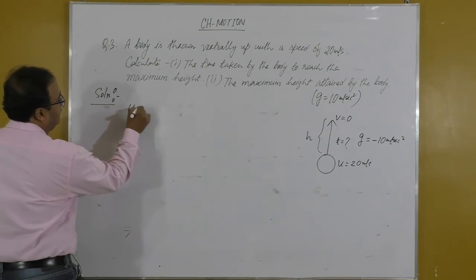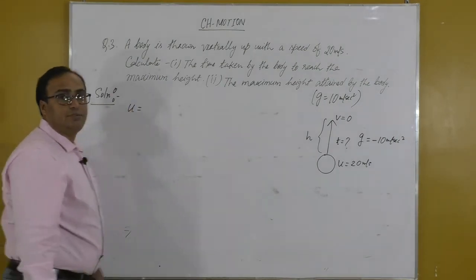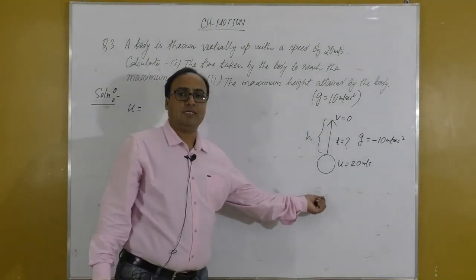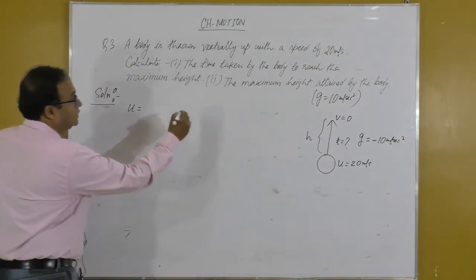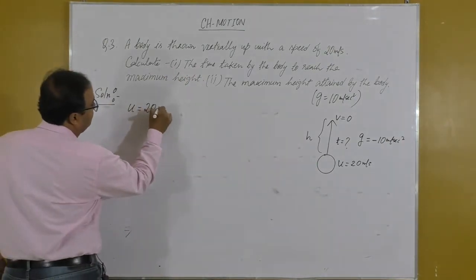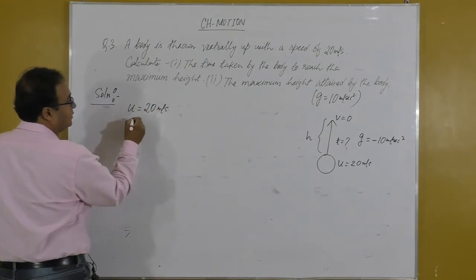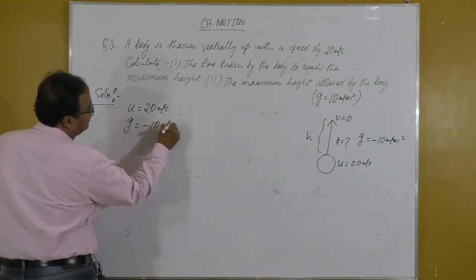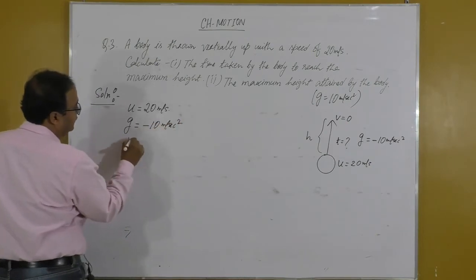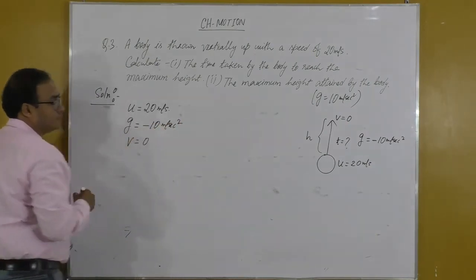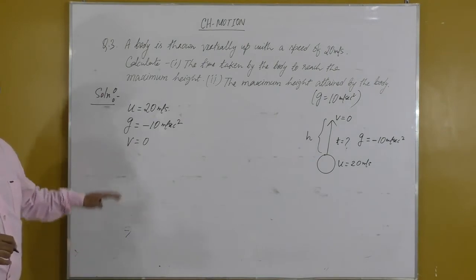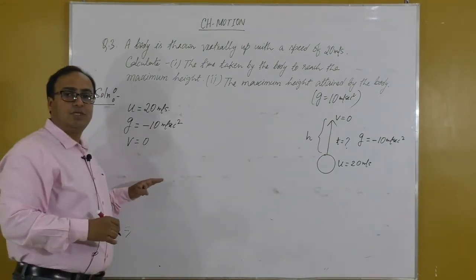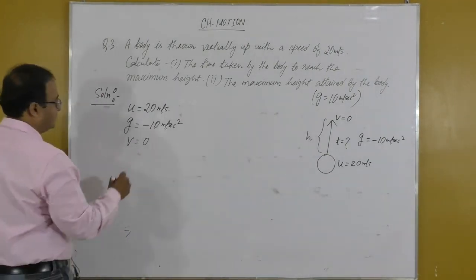So initial velocity, the speed or the velocity with which the body is thrown, u is 20 meter per second. g we have to take as negative, and v is 0 because at the highest point velocity becomes 0, the body comes to rest.